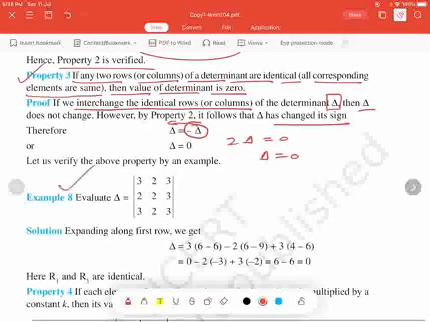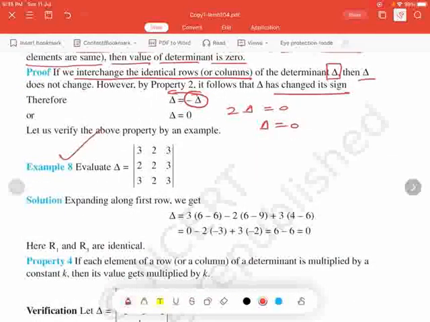Now we can take an example. If we have 3 2 3 and 3 2 3, R1 and R3 are the same, so we expand it for any row and column. So expand it for 3, so we will get 6 minus 6 minus 2, 6 minus 9, and the next one plus 3, 4 minus 6.